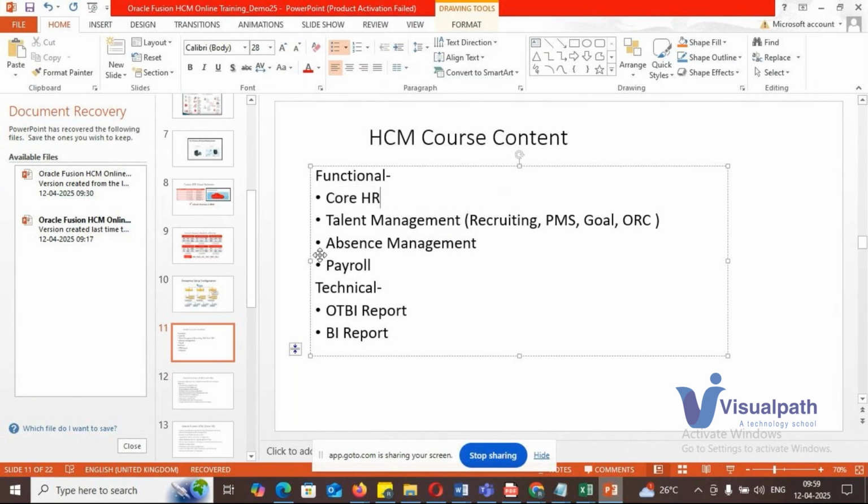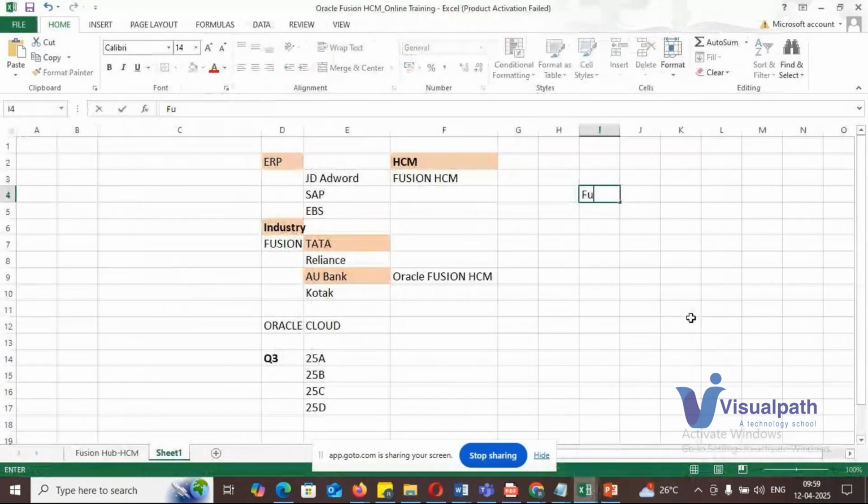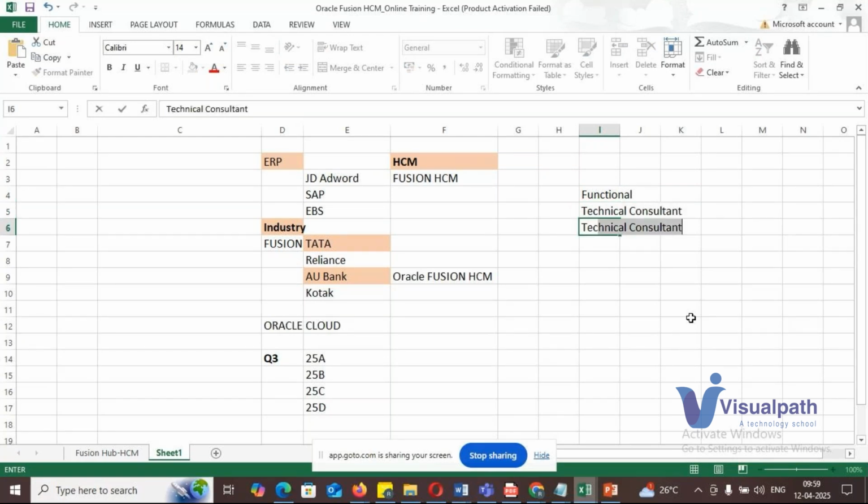In the functional side, there will be two or three roles: functional, technical, or techno functional. Your role would be the functional consultant, technical consultant, or techno functional consultant.